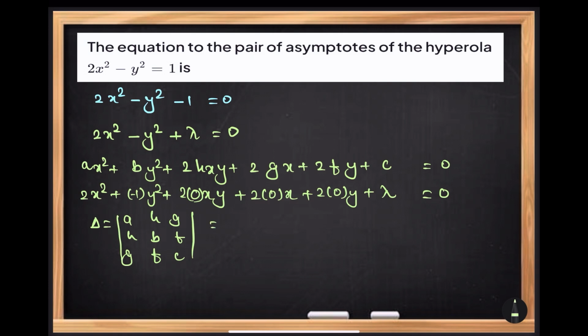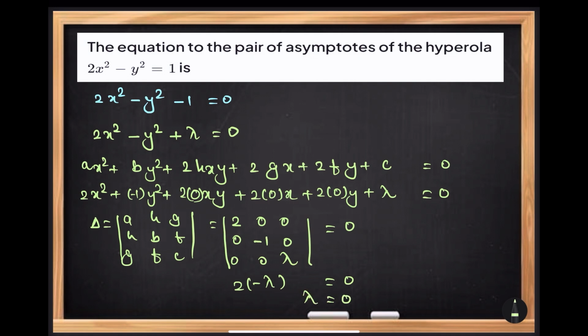So substitute here: 2, 0, 0; 0, -1, 0; 0, 0, lambda. So find the determinant. The determinant is 2 times -1 times lambda, which equals 0. So we got this as the determinant, and the lambda value will become 0.